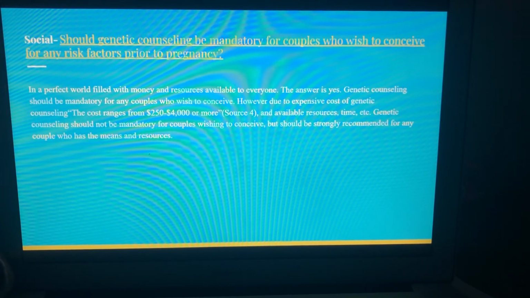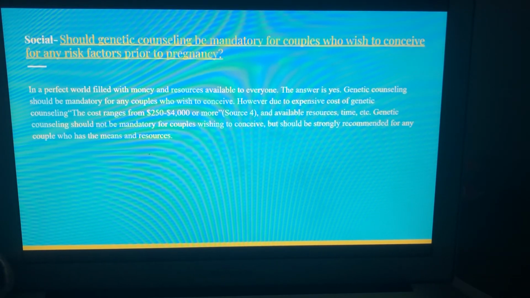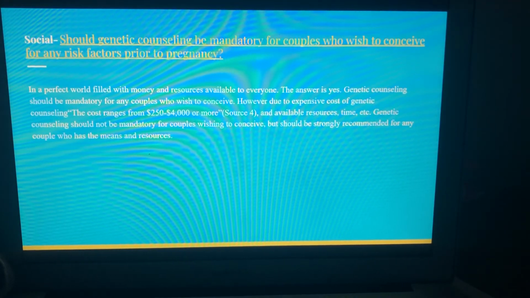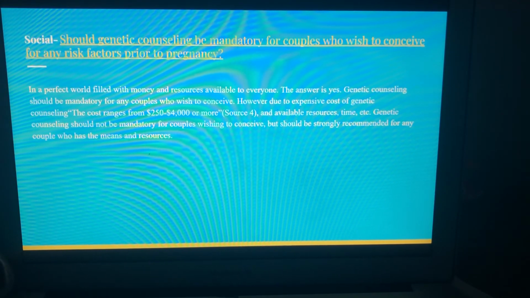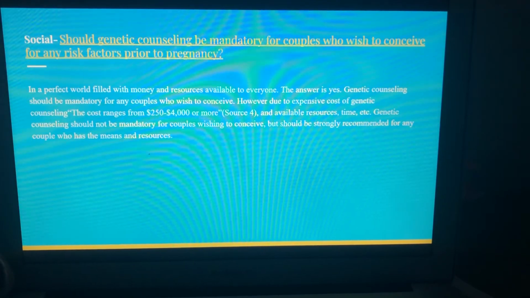However, due to the expensive cost of genetic counseling, which ranges from $250 to $4,000 or more, and available resources, time, etc., genetic counseling cannot and should not be mandatory for couples wishing to conceive, but should be strongly recommended for any couple who has the means and resources.